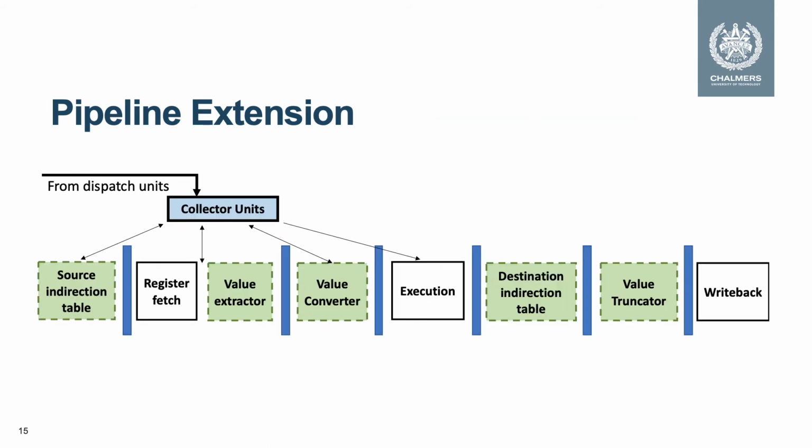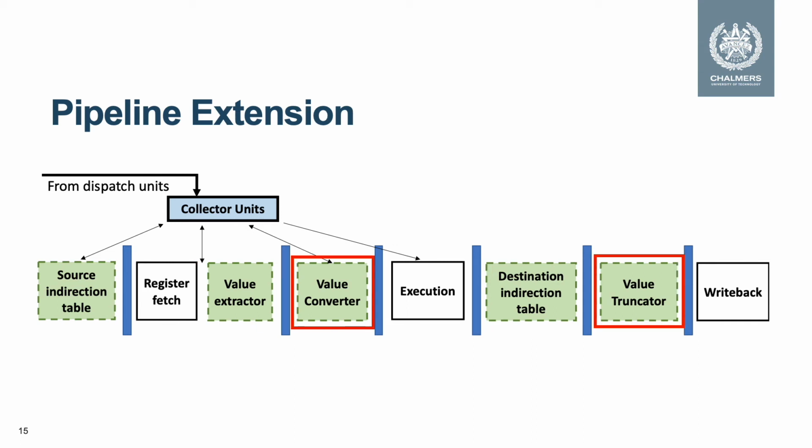This is an overview of the full operand collector pipeline, where the white stages are the original ones and the green stages are the ones we have added. The source and destination indirection tables are consulted for all operands and they take a cycle each. The value extractor is also consulted for all operands, but the logic is shallow and fast, so it fits into the same cycle as the register fetch.